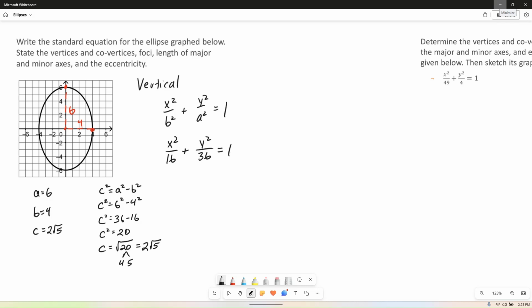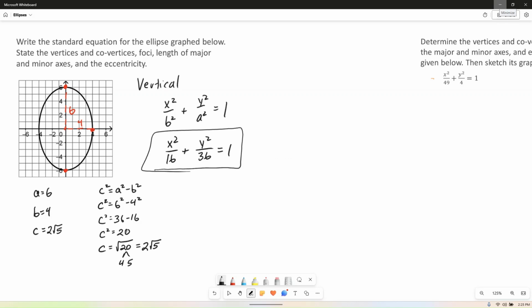So we have x squared over 16 plus y squared over 36 equals 1. Because the 36 is the bigger denominator and it's below the y, the graph is stretched vertically more than horizontally.